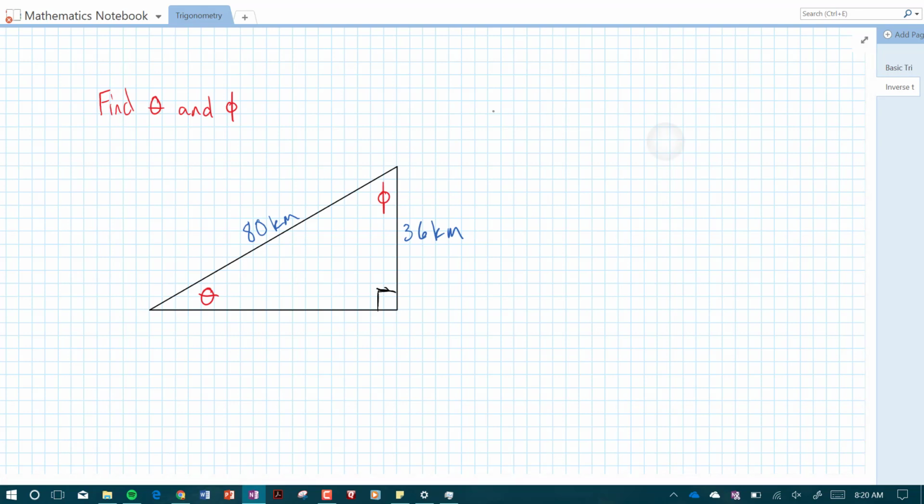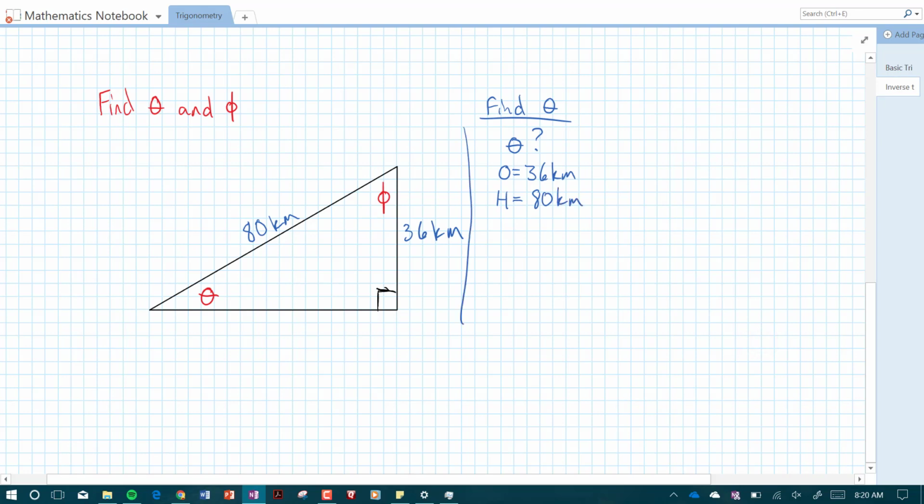So let's start by looking at theta. If we choose theta as our base angle, then theta is our unknown. We know 36 kilometers is the opposite leg, O equals 36 kilometers. And we know that 80 kilometers is the hypotenuse, H equals 80 kilometers.